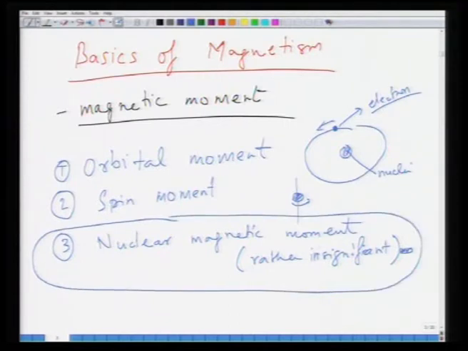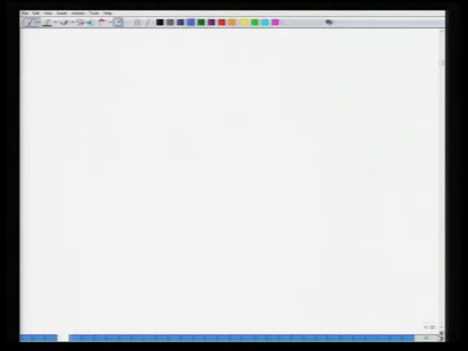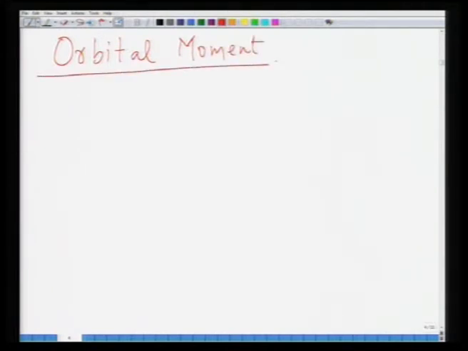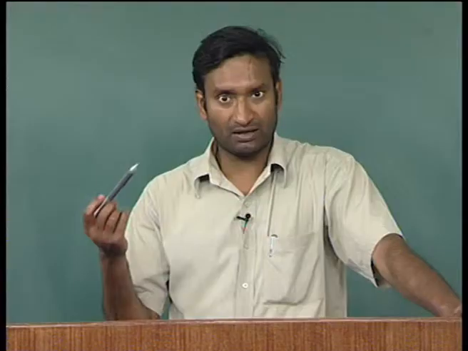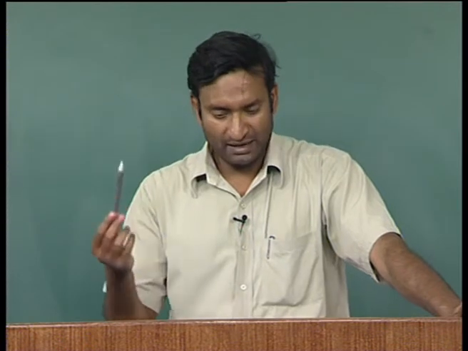So, in the next few slides we will look at the effect of each of these moments, or we will quantify these moments, orbital and spin moment. As I said, the orbital moment can be thought of as if you have a loop of wire, and in this wire you have a current I which is flowing.